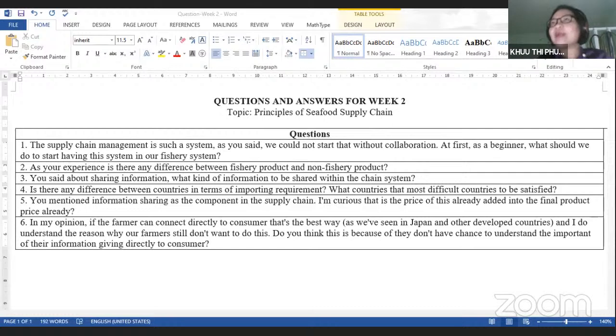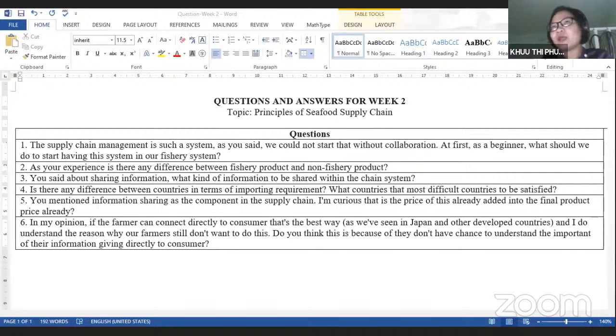But when they can know everything, and the information is shared together, they will.